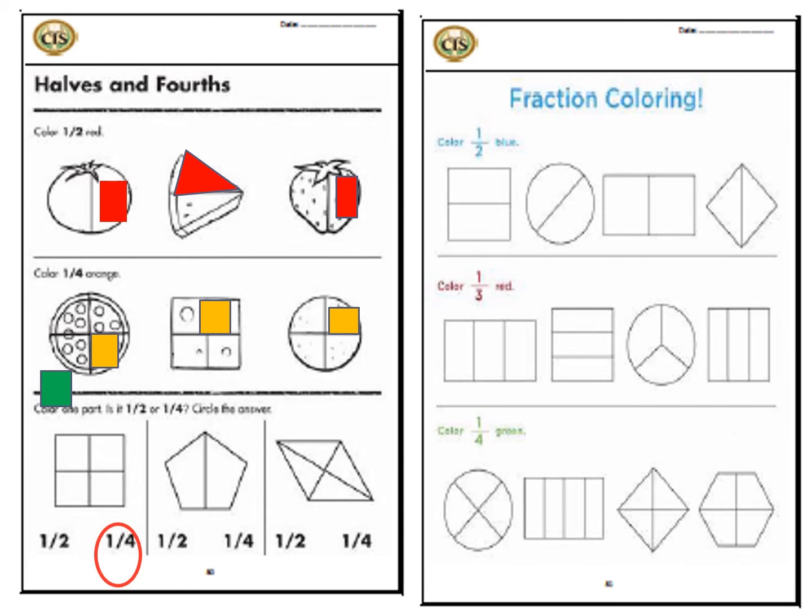So I will color 1 part and it will be 1 over 4. Here the total parts are 1, 2. So can I say 1 over 4? No. The total parts are 2 and I will color 1 part, so it will be 1 over 2. Here, how many parts? 1, 2, 3, 4. So it will be 1 over 4.